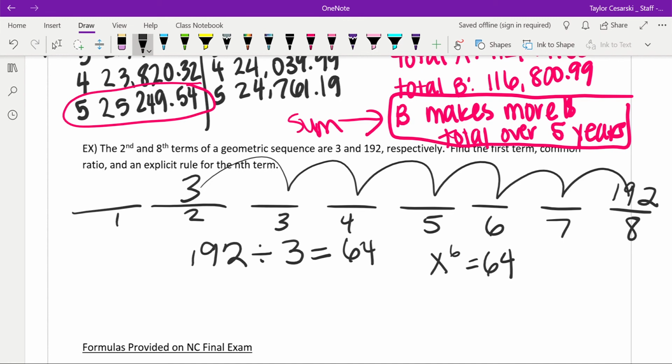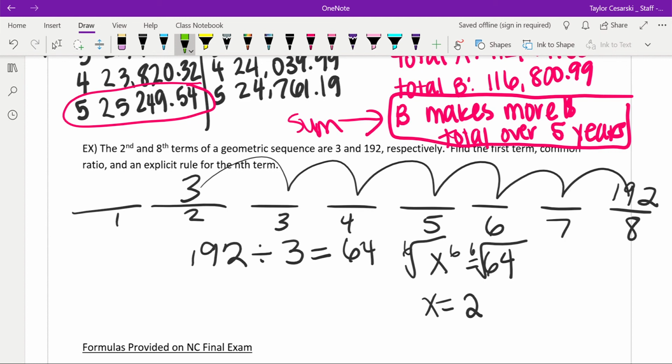So this seems a little weird, but we're going to take the 6th root of both sides. So when it's arithmetic, you just have to divide by 6, because you're adding the same number. But this time we're taking the 6th root because we're multiplying by that number every single time. So I get x equals 2, because 2 to the 6th equals 64.